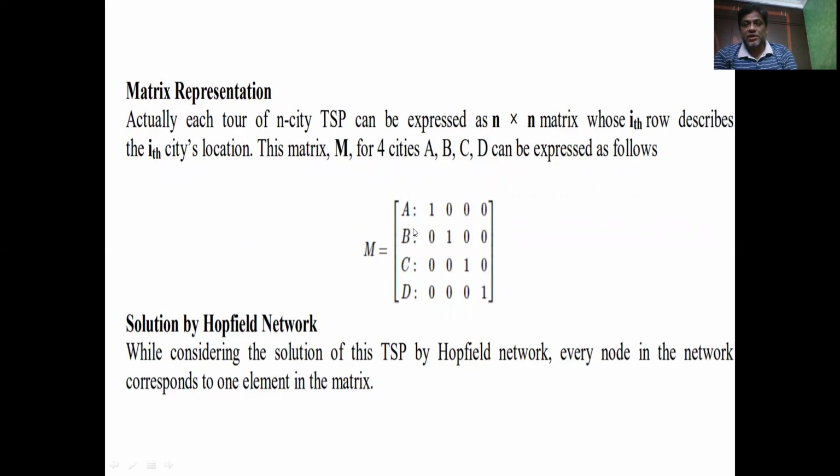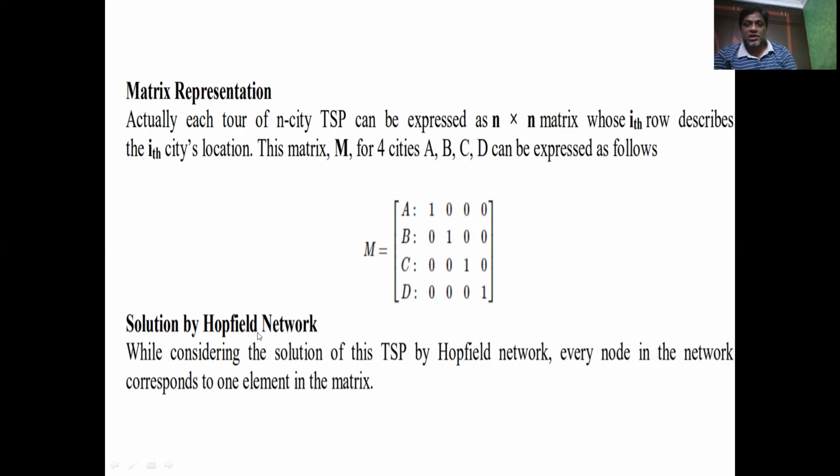From A to A, B to A, C to A, D to A, and then A to B, B to B, C to B, D to B, and so on. Even though it is given as zeros and ones, actually it is going to be a cost adjacency matrix.